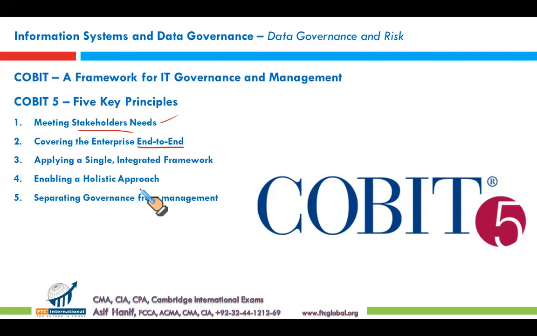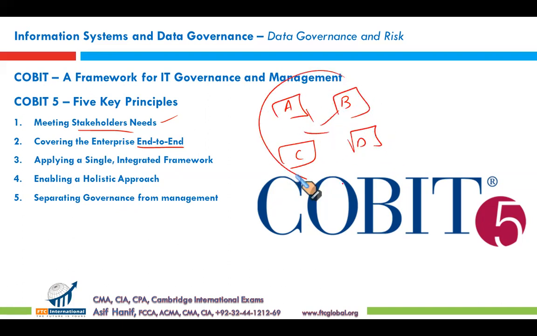Enabling a holistic approach. What is a holistic approach? Holistic approach means if I have A, B, C, and D, let's say these are the components of a machine, how they work together in harmony to produce a certain output. How do they connect together? How do these individual components work jointly together? This is called having a holistic approach, rather than just focusing on A alone or B alone.